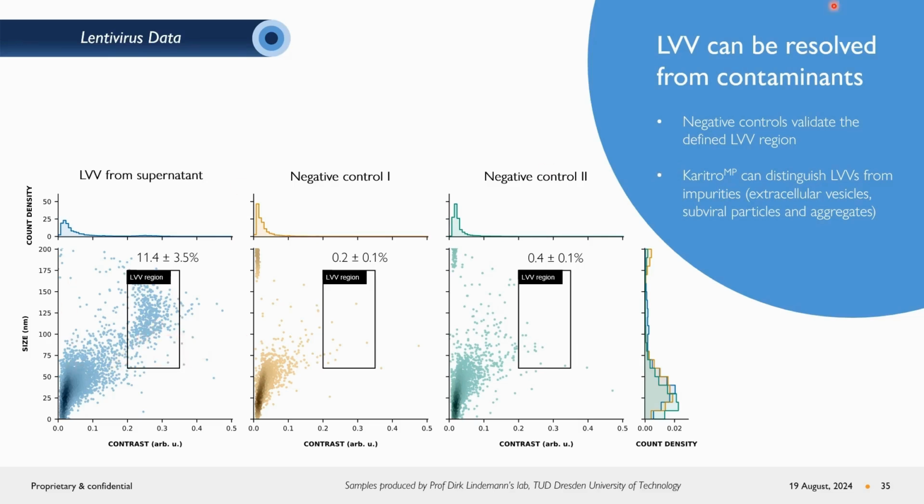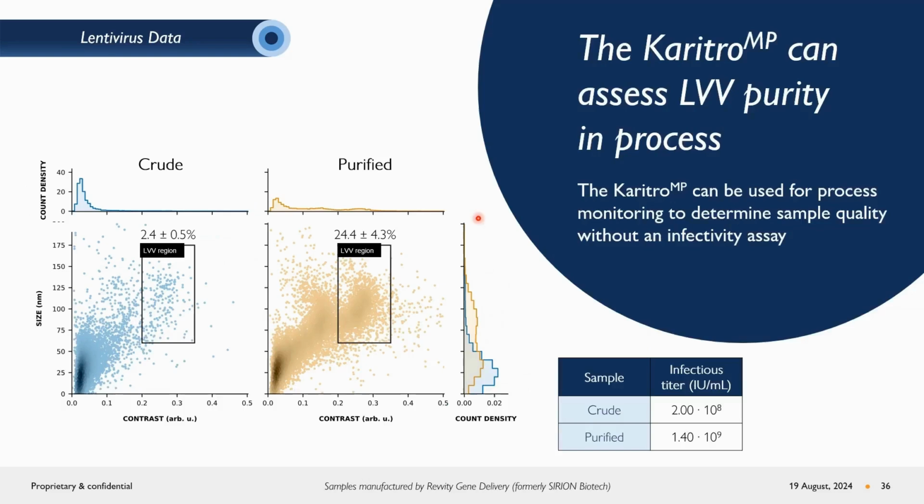The KaritroMP can assess lentivirus purity in process. In this example here, we are comparing a crude and a purified aliquot from the same process. In the lentivirus region, we are counting the percentage of lentivirus particles over the total, and we are showing that they increase by tenfold from the crude to the purified, going from 2% to 24%.